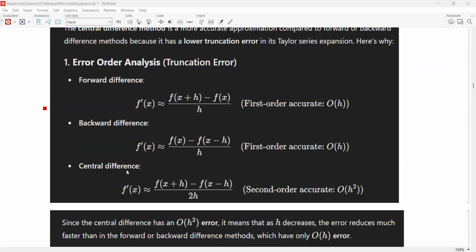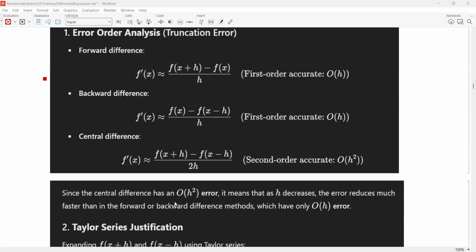For the central difference method, we have second order accuracy, so we have h squared. So this is more accurate. Since the central difference has an h squared error, it means that as h decreases, the error reduces much faster than in the forward or backward difference method, which have only O(h) error.